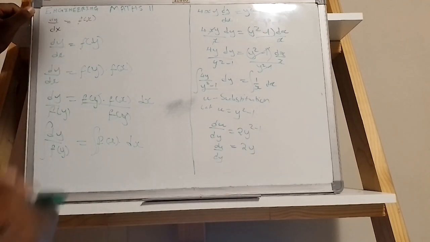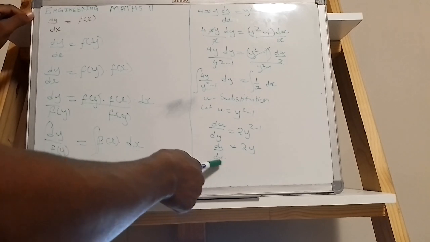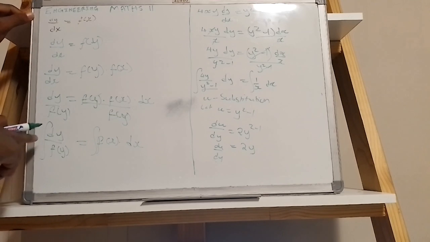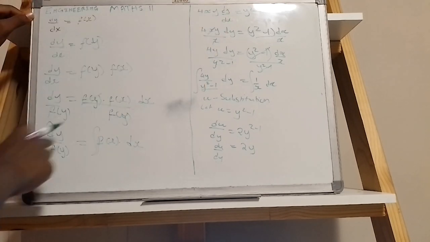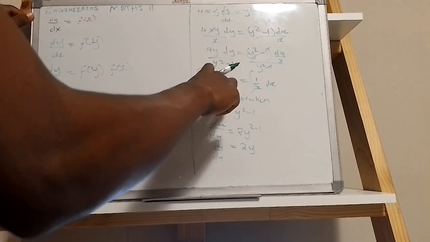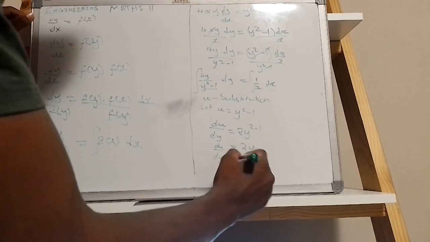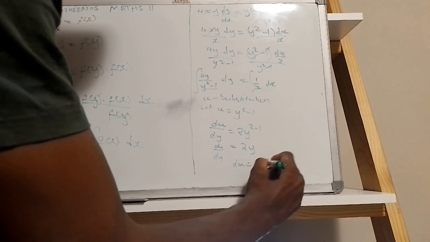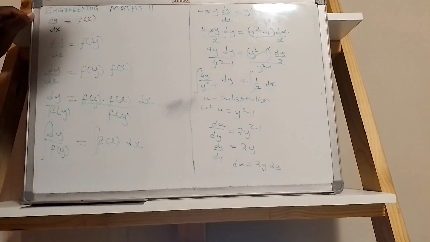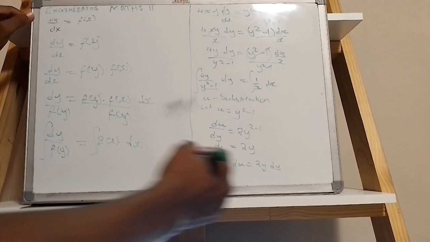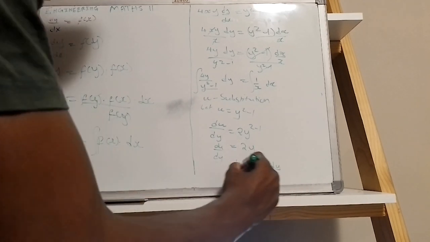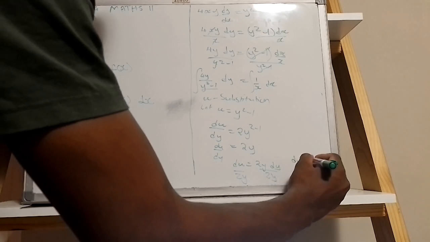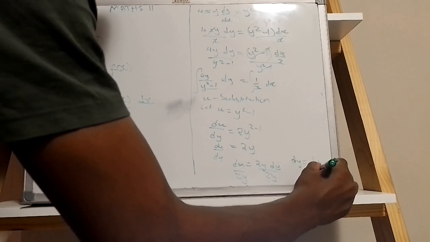Why do I cross multiply? I want to make dy the subject of the formula so that I can substitute it. So du is equal to 2y dy, and I divide by 2y. This gives me dy is equal to du over 2y.